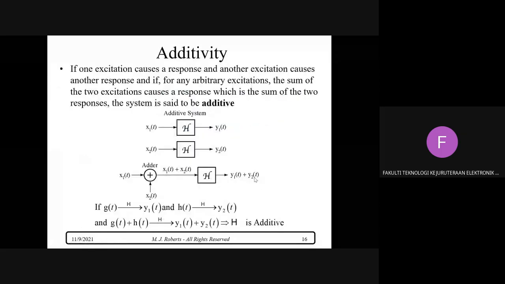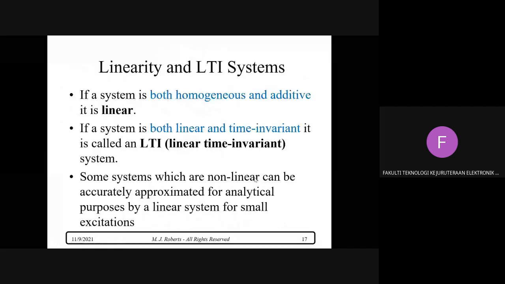If we combine homogeneous and additive, we call it a linear system. And if the system has linear and time invariant properties, we call it a linear time invariant system.